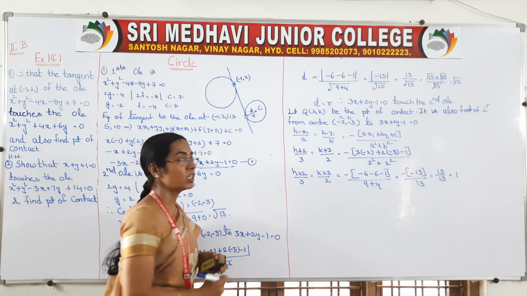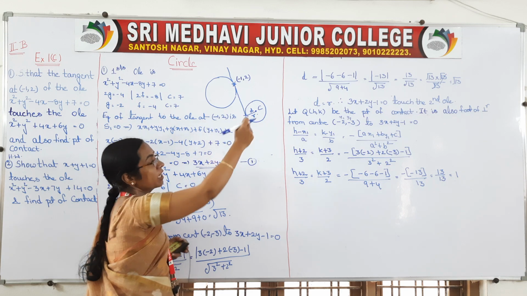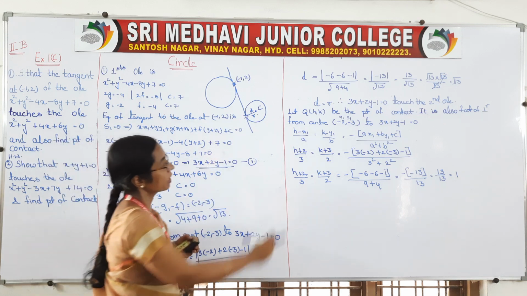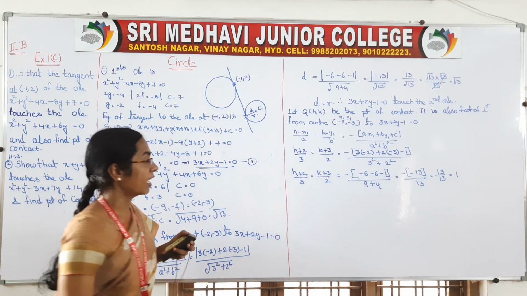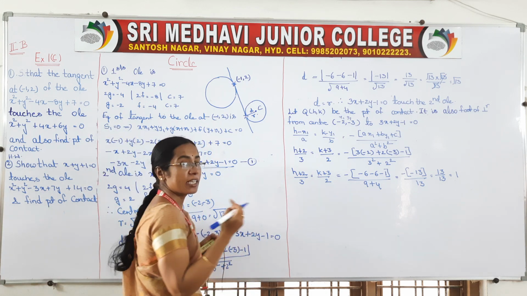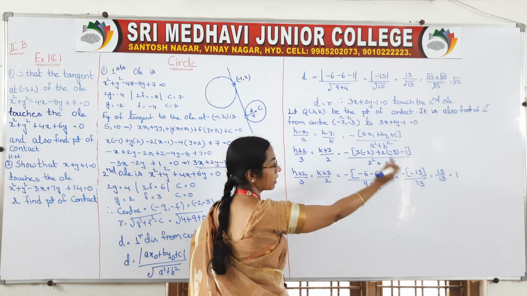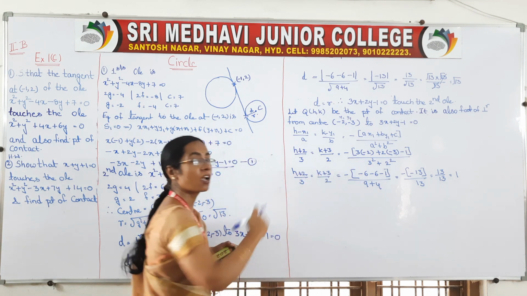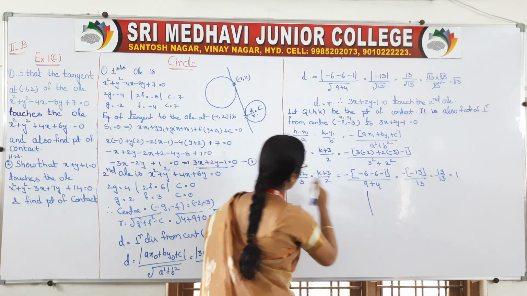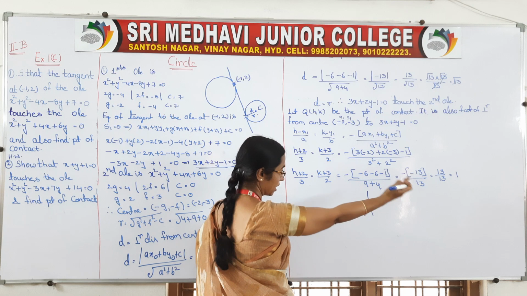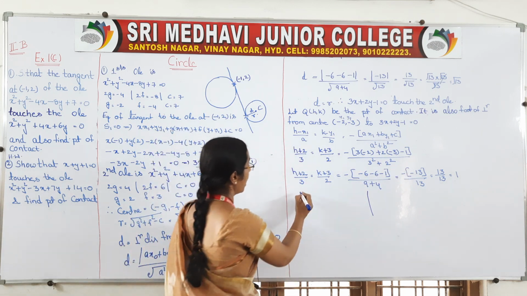So now actually we have to find the point of contact. We have taken that the point of contact is (h, k). Let Q(h, k) be the point of contact. So we have to find the h, k values. How will we find them? Once you take the h term and constant, and once you take the k term and constant, you will get the values.